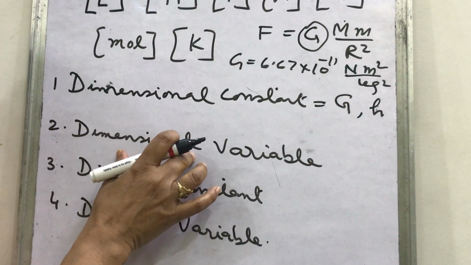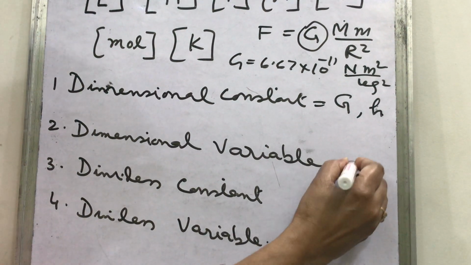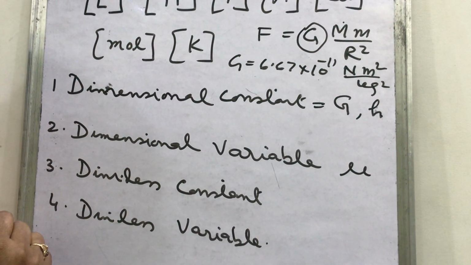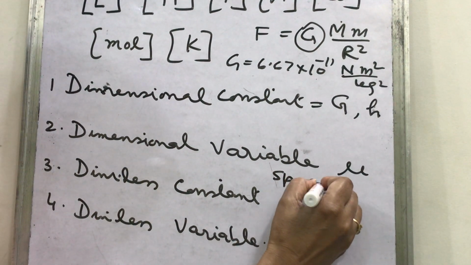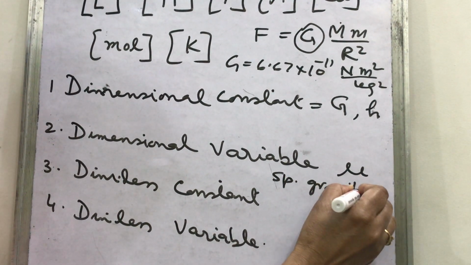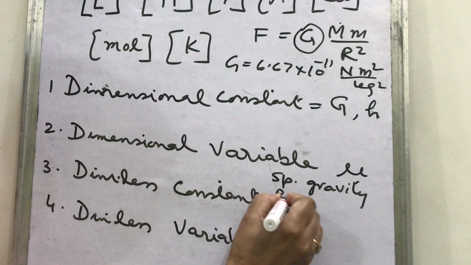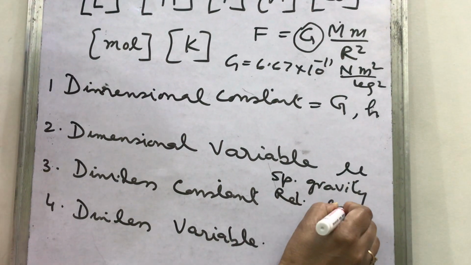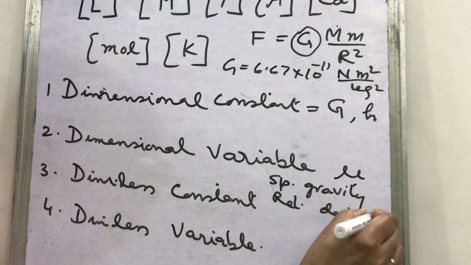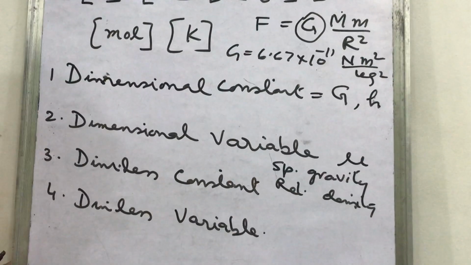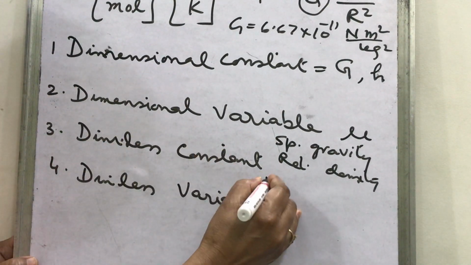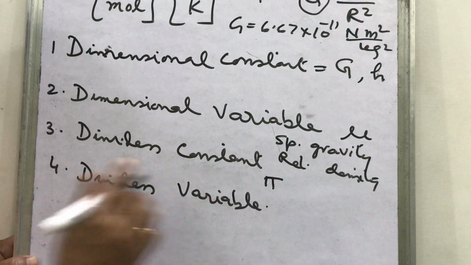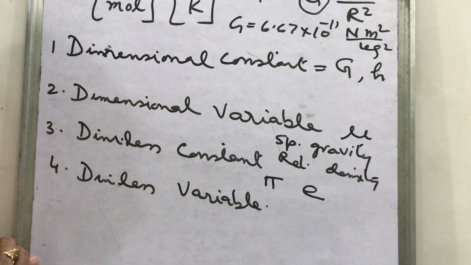Dimensional variable, they have dimension, but they vary. The examples of dimensional variable are force, momentum, energy, pressure. What about dimensionless constant? Simple: pi, e, exponential.